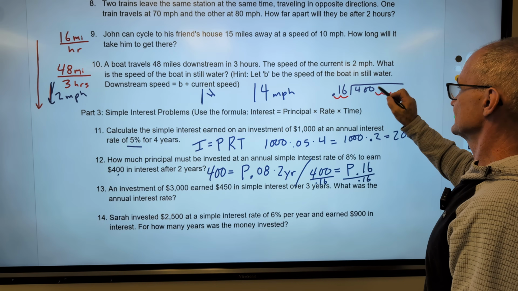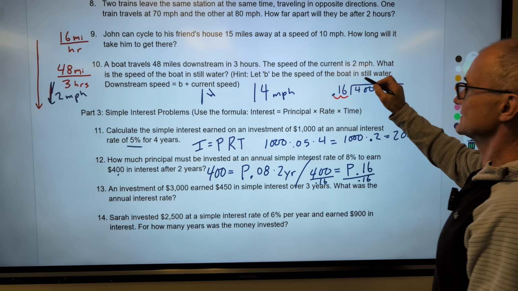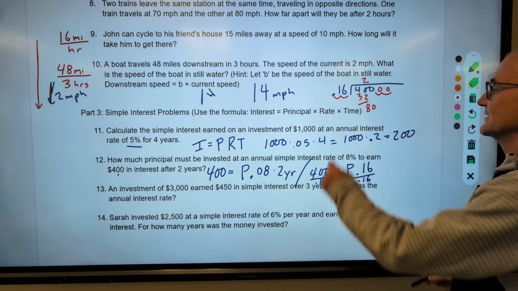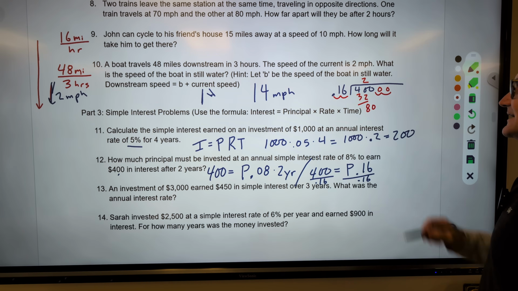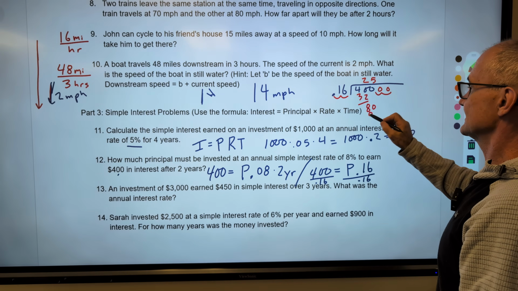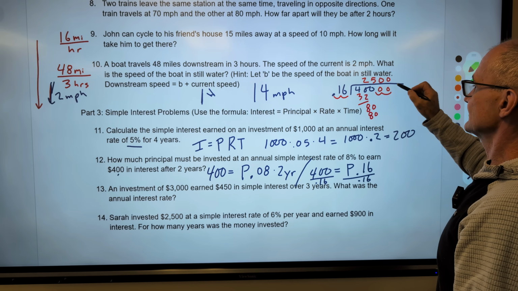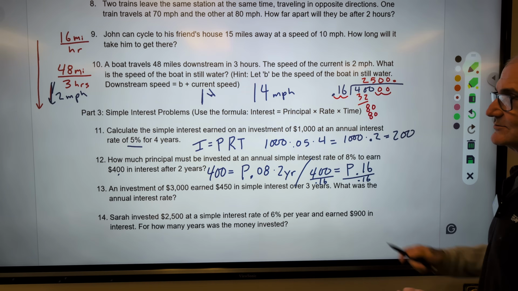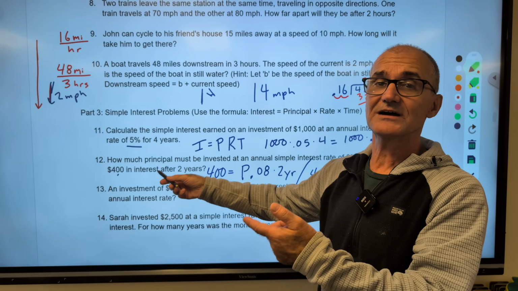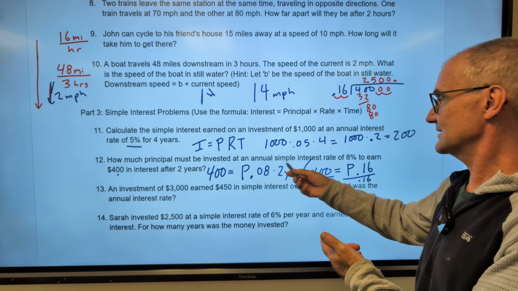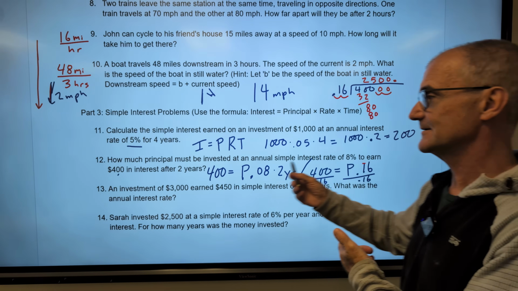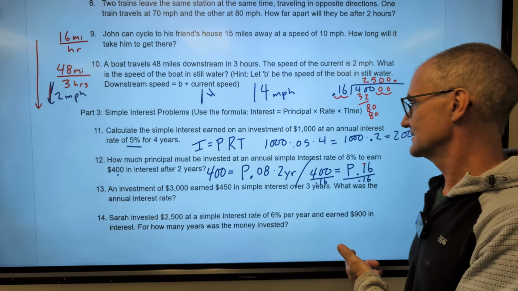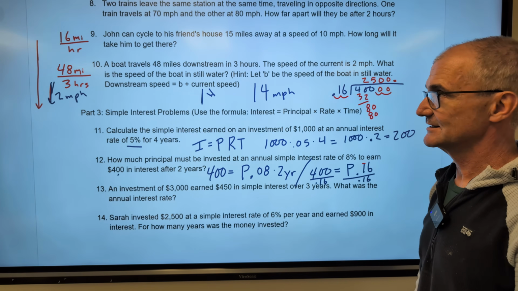Go over 1, 2. 16 into 40 is twice. 32. 8, bring down the 0. 16 into 80 is 5. 80, 0, 0. Decimal point goes up. $2,500. So what I'm saying here, how much principal? $2,500 should be invested at an interest rate of 8%, pretty high, to earn $400 in interest in 2 years. So I would need $2,500 in the bank.